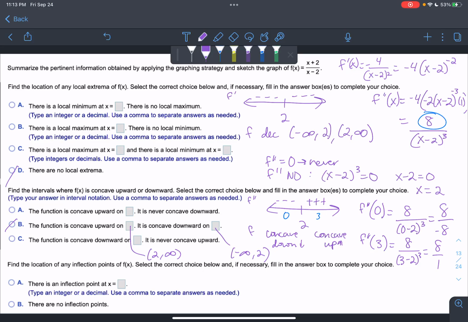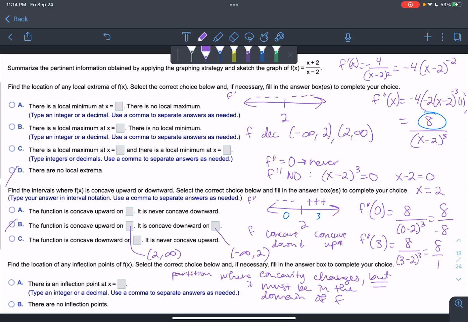All right, so a point of inflection, or inflection point, is a partition point, recall, where concavity changes, right? But, this is a big but, it must be in the domain of f.